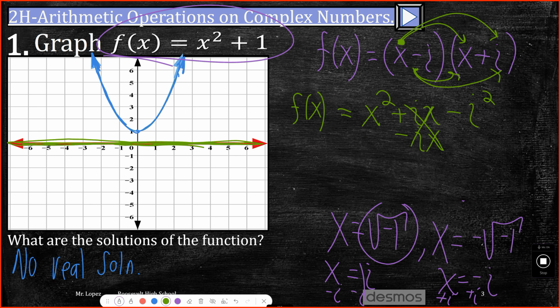So I'm going to get f of x equals x squared minus I squared. What did I say I was anyways? I said that I is the square root of negative 1. Let me plug in I equals square root of negative 1 here, and then square it.